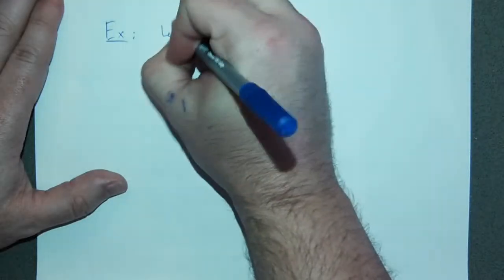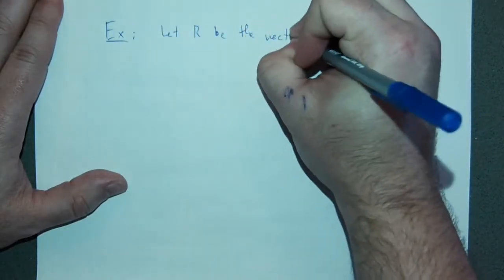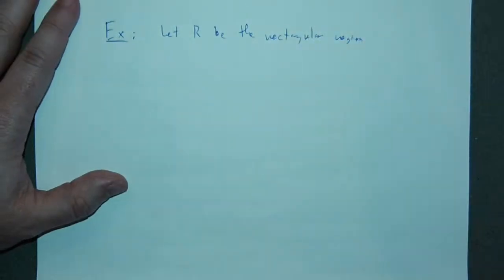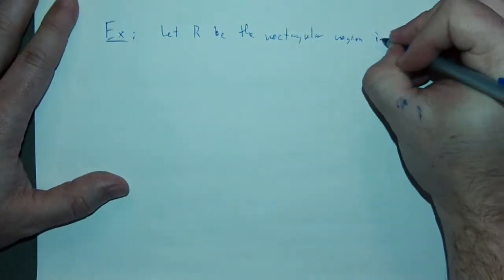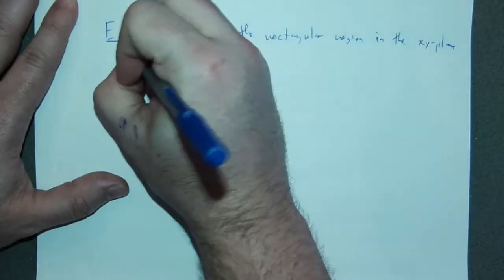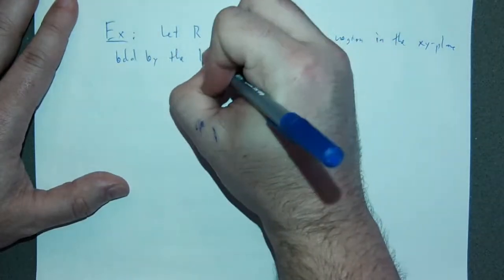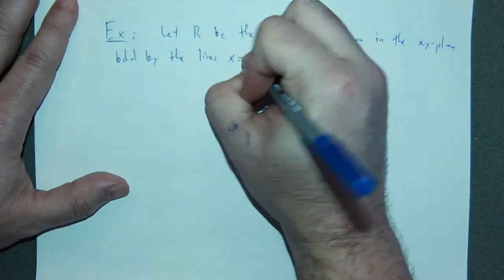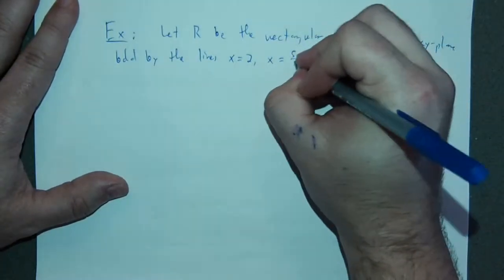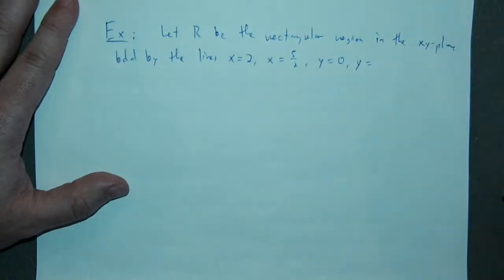So let R be the rectangular region bounded. So there's a rectangular region in the xy plane bounded by the lines x is equal to 2, x is equal to 5/2, y is equal to 0, and y is equal to pi.